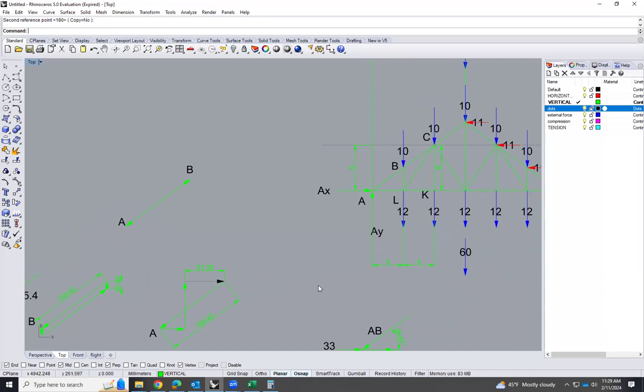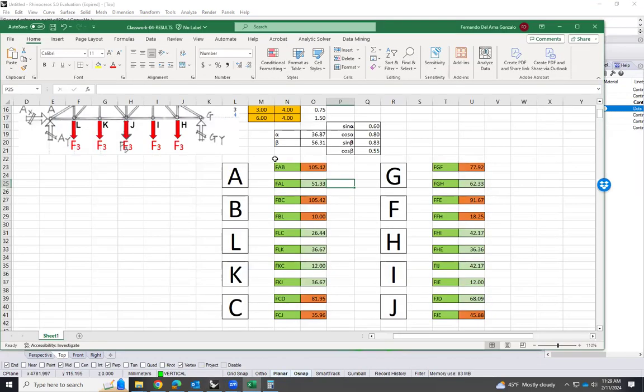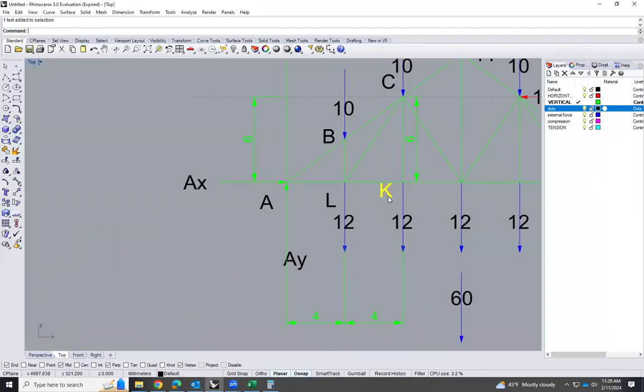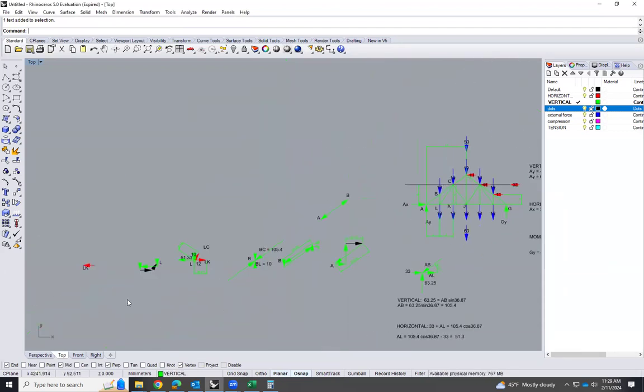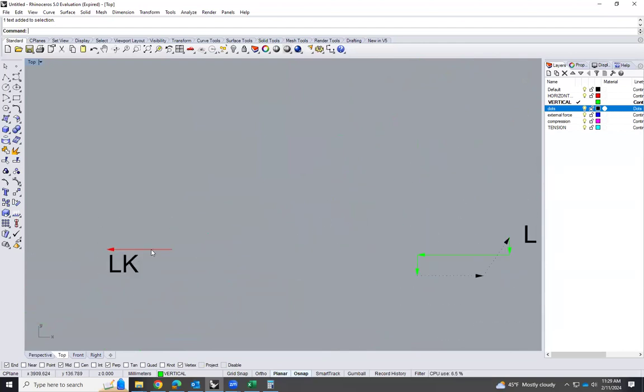So KJ, that's J. KJ is the same as LK, but in the other direction.